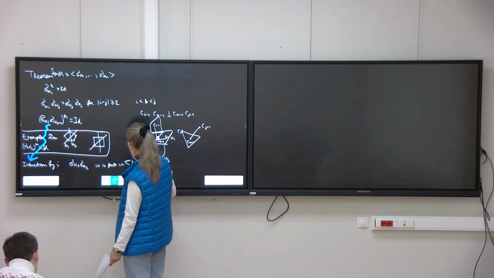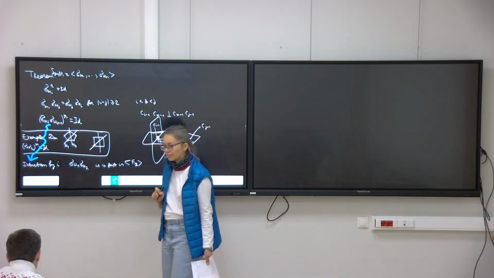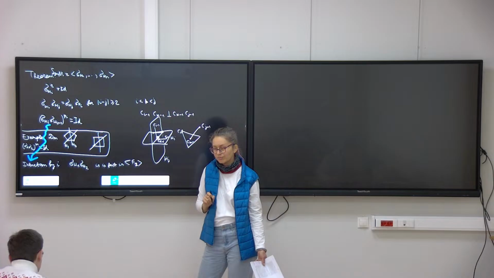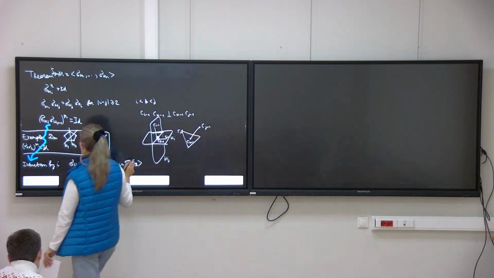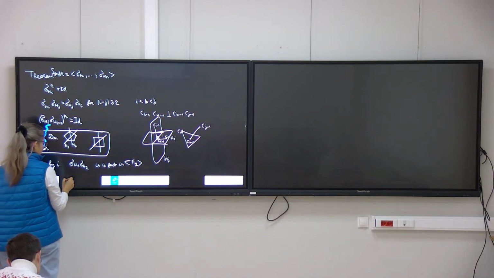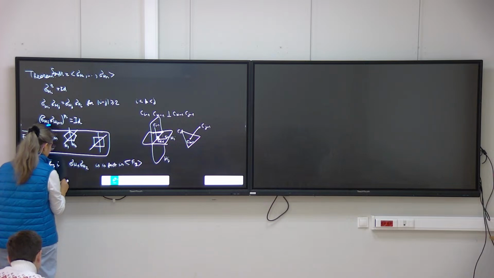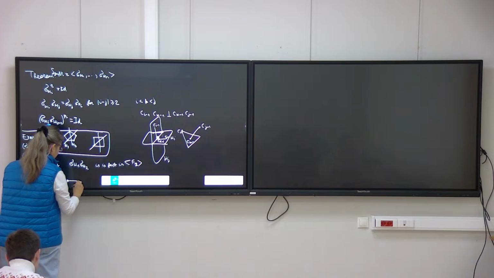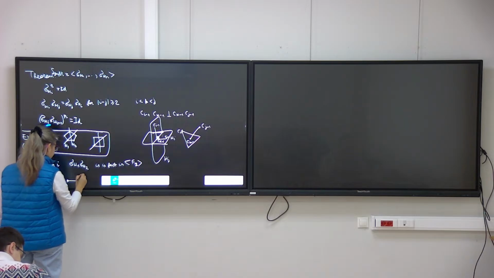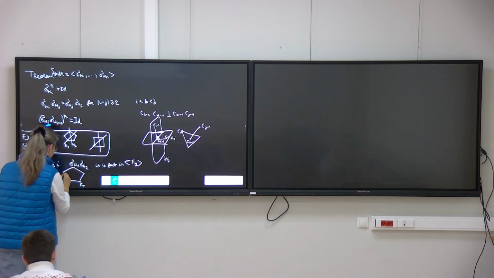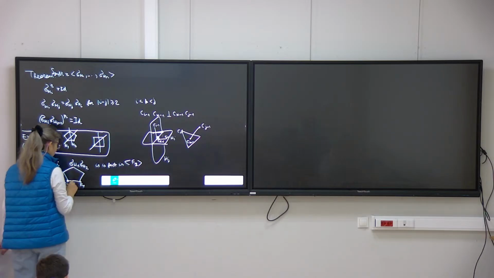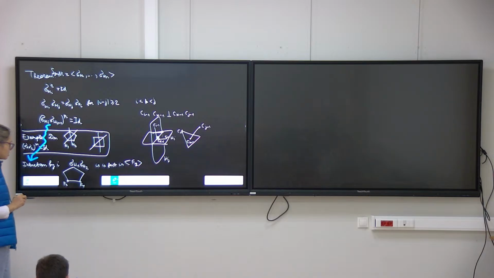Откуда мы знаем, что между H1 и H2 угол это 2π делить на 2? Okay, I will draw it in general. What is F2? So this is F0, a vertex. This is F1. Okay? And now it is a regular two-gon. How do we construct it?